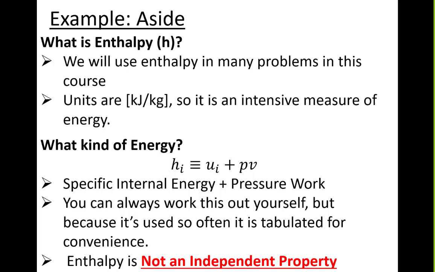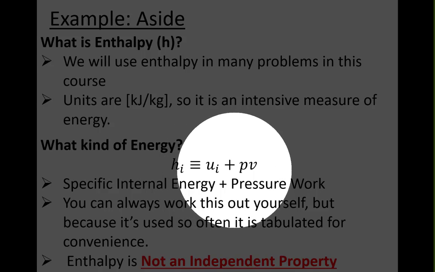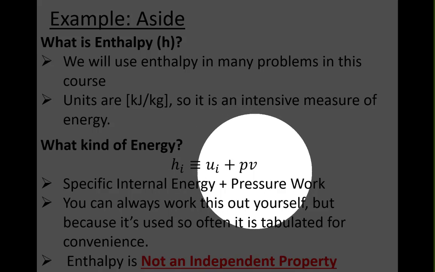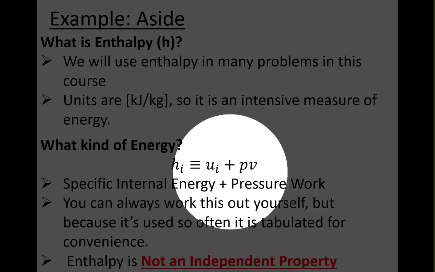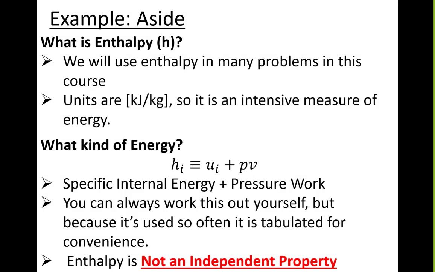But all these things are dependent. If I've fixed my state, if I know any two independent intensive properties, then I know my specific internal energy, I know my pressure, and I know my volume. This is just a mathematical construct that ends up making our lives easier. But ultimately, it's just another way of quantifying how much energy is stored in a particular kilogram of mass.